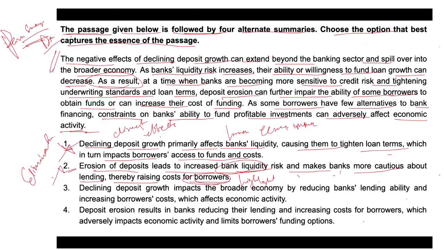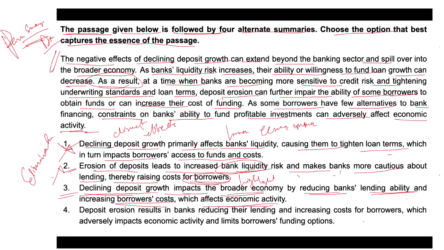Option three stated declining deposit growth impacts the broader economy by reducing banks' lending ability and increasing borrower cost, which affect the economic activity. Now, option three, look into it. What does it say? Declining deposit growth impacts the broader economy by reducing banks' lending ability and increasing borrowers' cost, which affects economic activity.